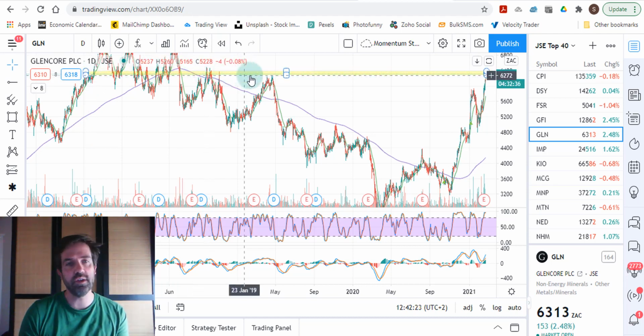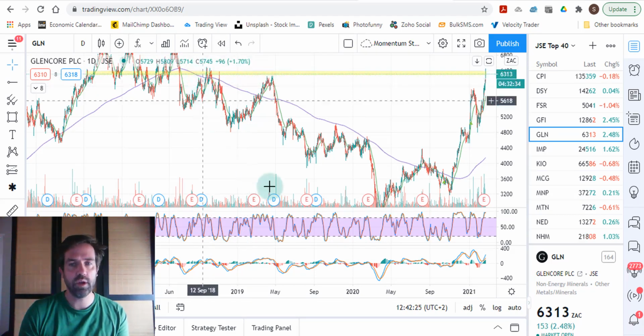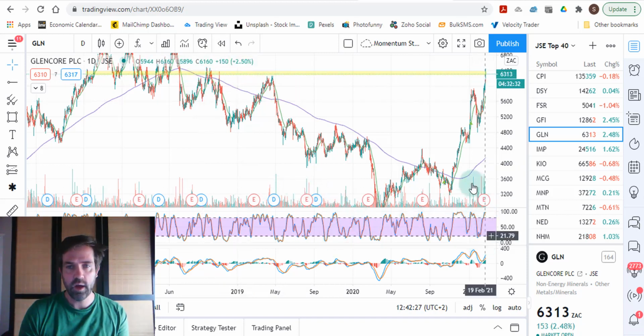And this just shows the importance of plotting support and resistance levels on your chart, even if they're super far away.